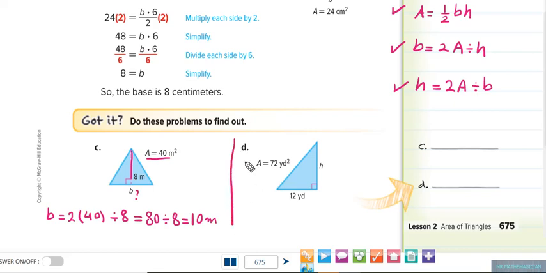Now let's try to solve problem D. I have here the area is given as 72. The base is given as 12, and I need to find the height.